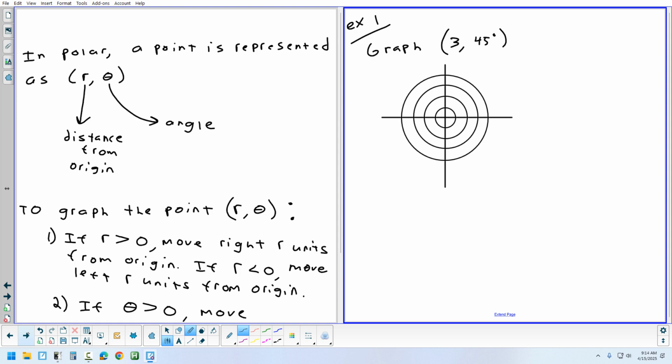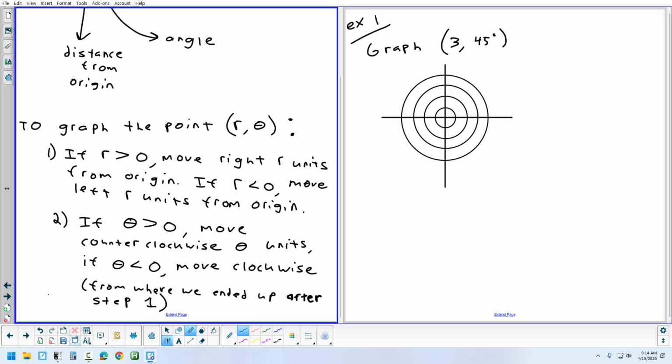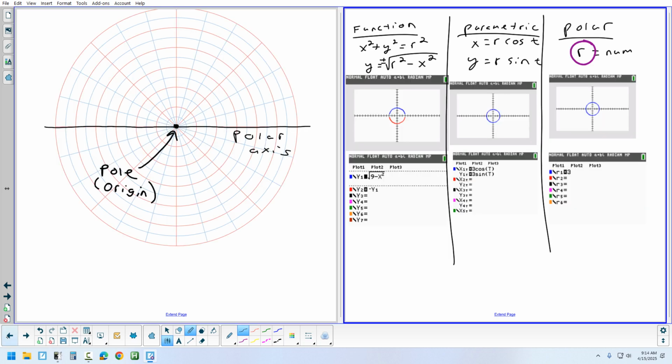Okay, so let's try graphing this one. It says 3, 45 degrees. Now, on the test, the graph paper is going to have a little bit more detail than what I drew. It's probably going to look more like that. Different graph paper can be set up differently, but this one is set up in increments of 15.